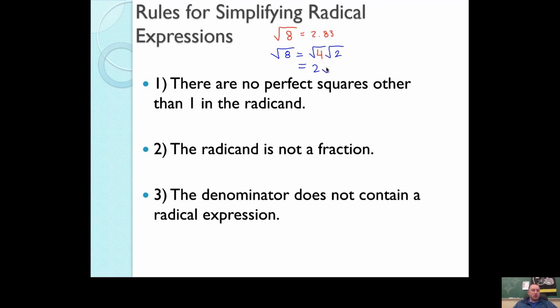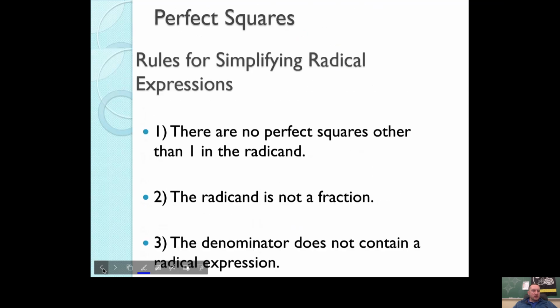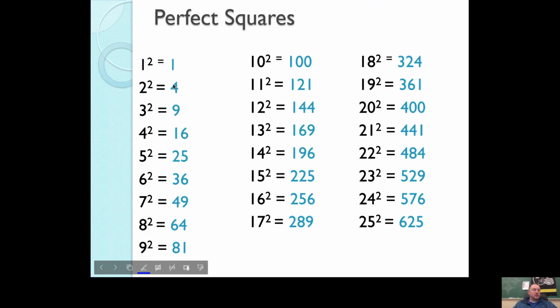The square root of 2 is not going to simplify because if you look at your perfect square list, there are no perfect squares that go into 2 besides 1. But 1 goes into everything. So we don't use 1 when we go to simplify radicals because it goes into every single number.